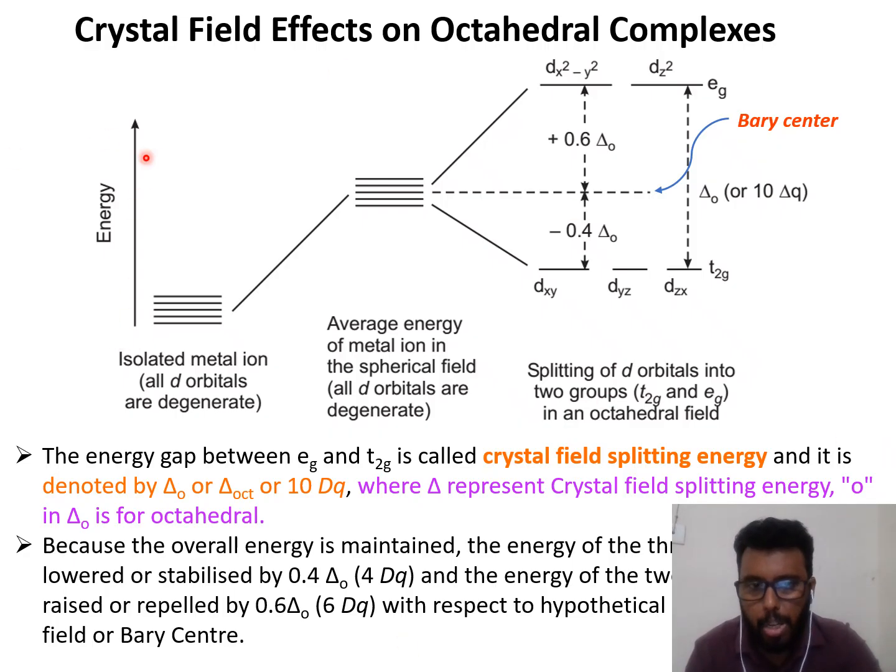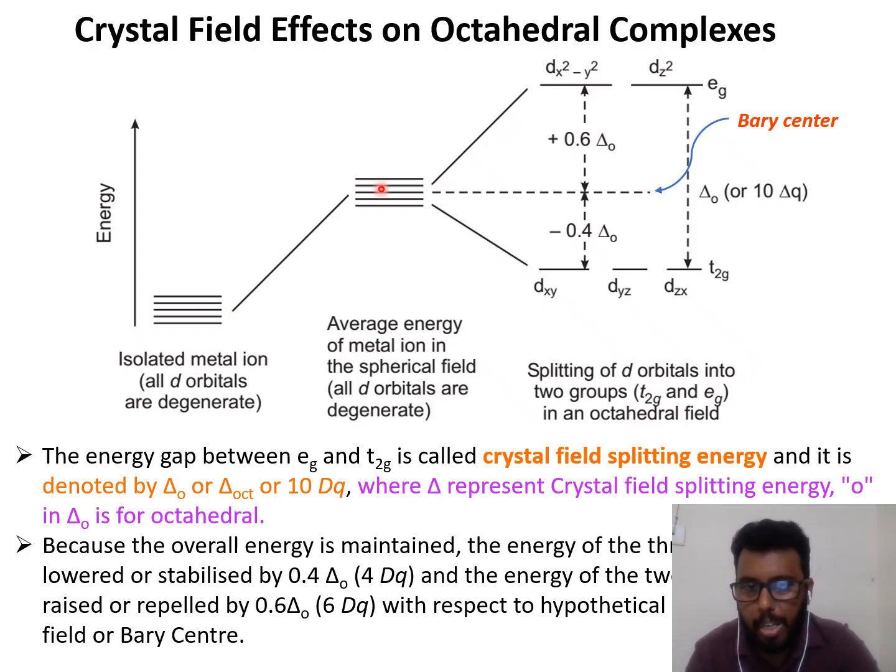Just put an axis, an arrow pointing upward, and mark it as energy, and put 5 lines. 5 lines represent the 5 d orbitals. You can label this as isolated metal ion orbital, and you have to specify all d orbitals are degenerate, which means same energy.